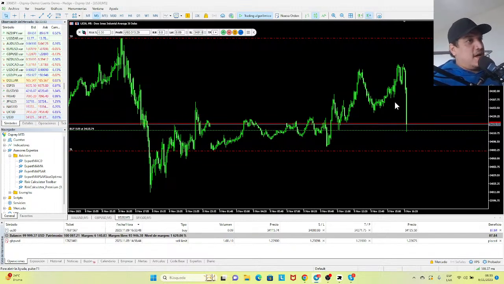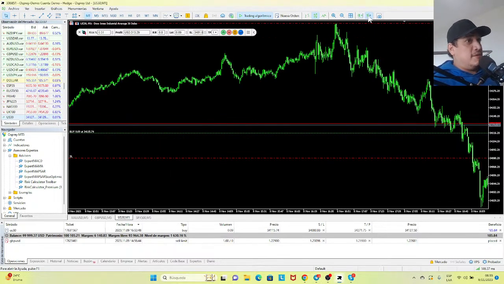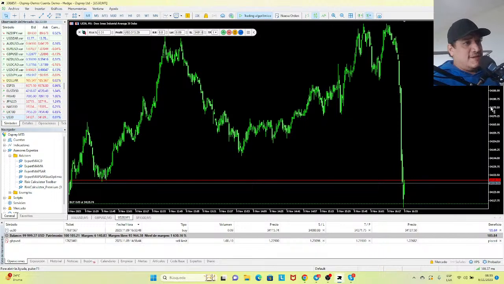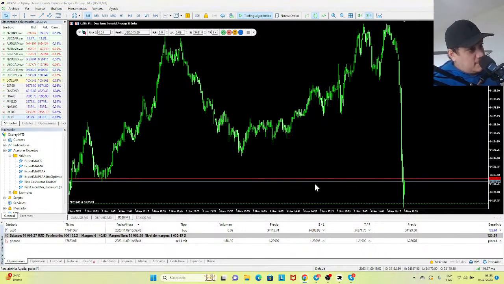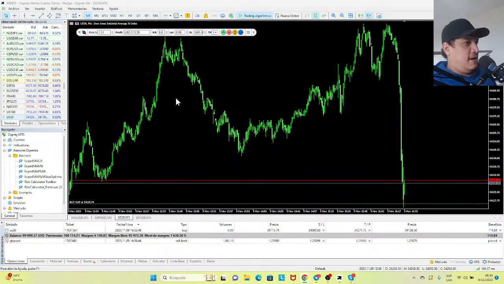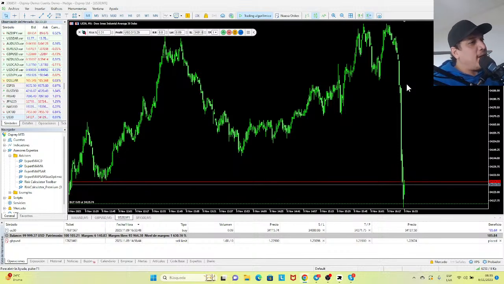There you go, sniping that entry. Sniping the shit out of my entries. Let's see if this is a real sniper trade. I am digging the trade.